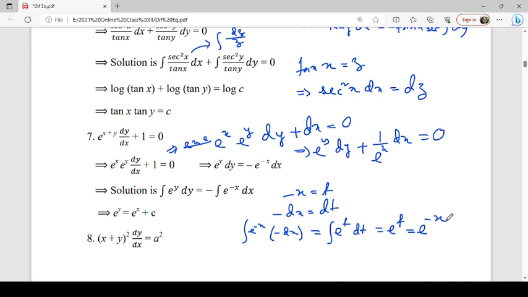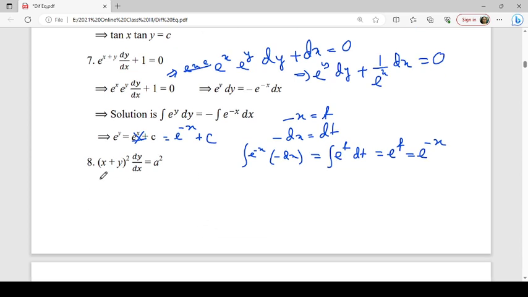So this is equal to e to the power minus x plus c from this one. So this is the way of solving it.